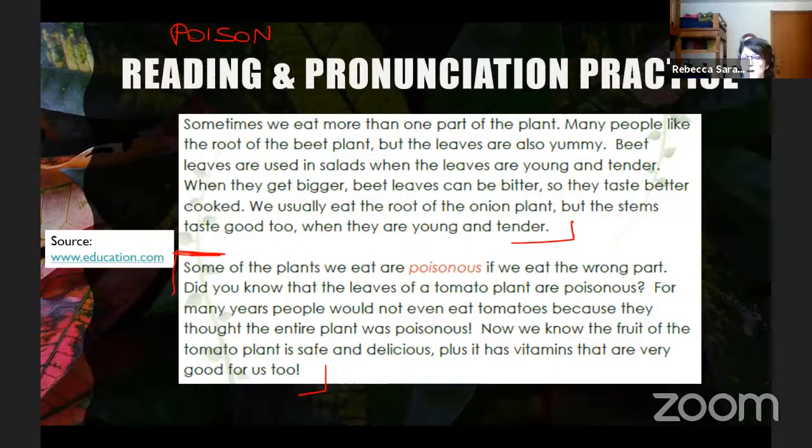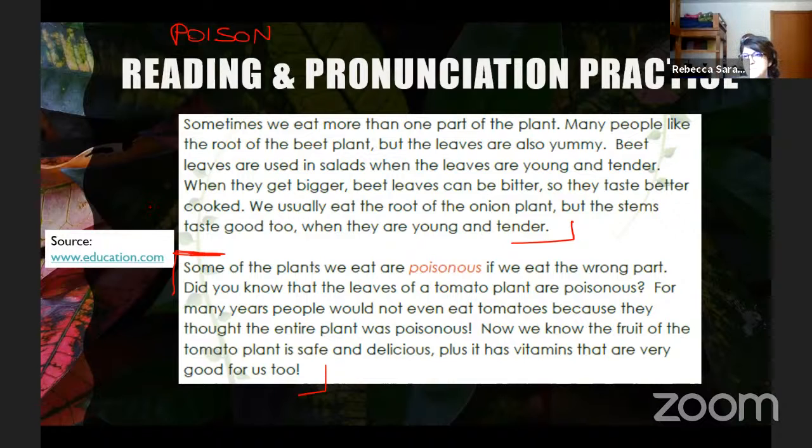Sometimes you might hear that someone killed someone else by giving them poison, right? Maybe they put something in their food. So it's something contained in different things that, if you actually eat or drink, you're probably going to be very, very sick or maybe even die. So it means that it's something that is not good for you, basically.